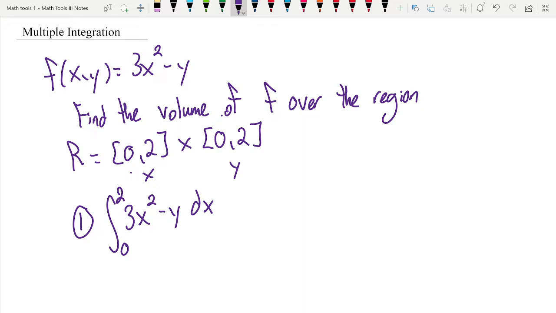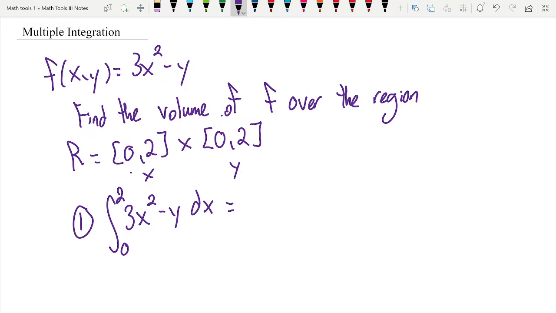Now, this does present a new issue, which we haven't seen yet: how do you integrate something where it's a different variable, right? It's just like how we do it in partial differentiation, where you just treat that variable as a constant. The exact same thing here. We're just going to treat that variable as a constant.